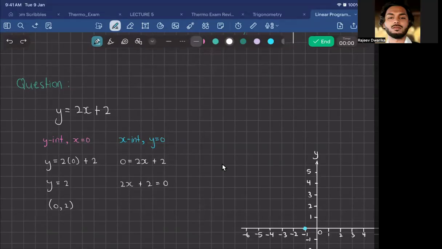Because if we want to find x, we would want to leave x on the left-hand side. That was my bad. So I'll move across the 2, and I'll end up with 2x equals minus 2. Now, when you move across something, what happens? Negative 2.